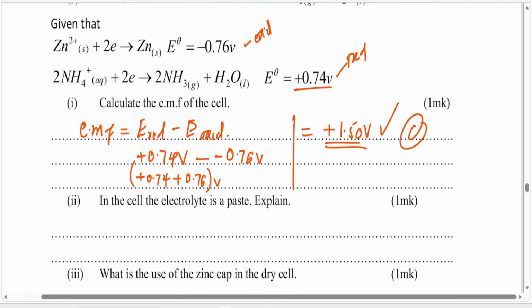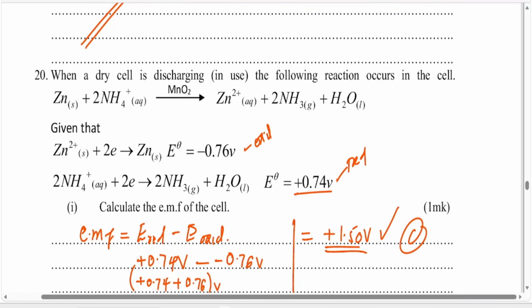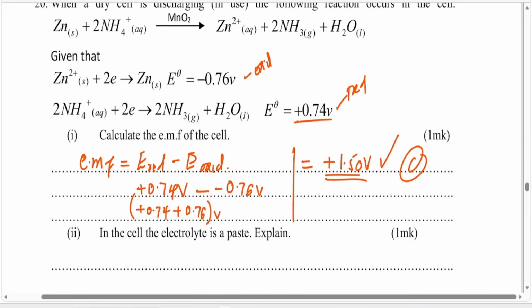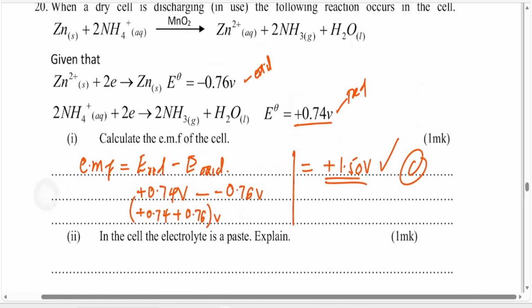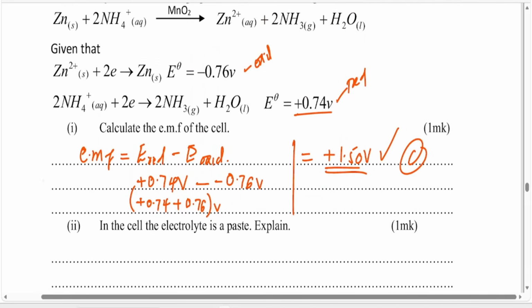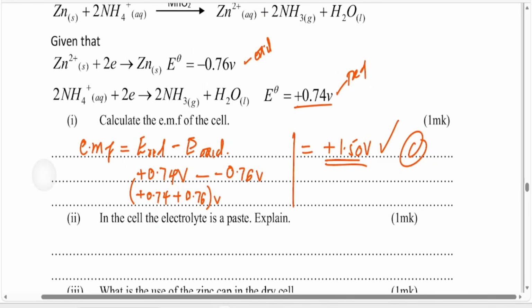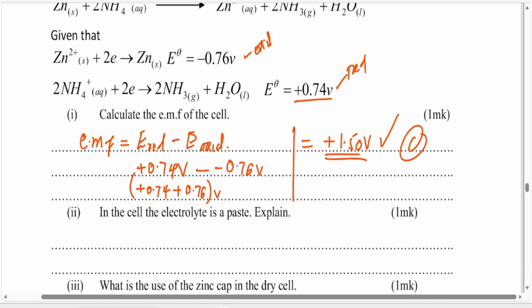In the cell, the electrolyte is a paste. Explain. So as I've just said here, we have the electrolyte that is used. The electrolyte is a mixture of ammonium chloride and zinc chloride, and it's a paste.